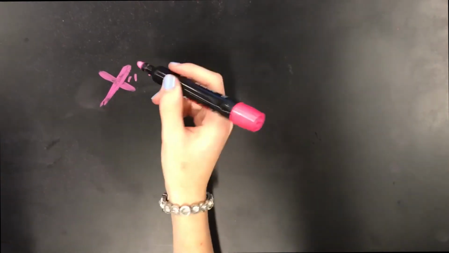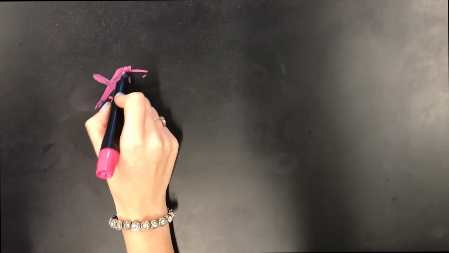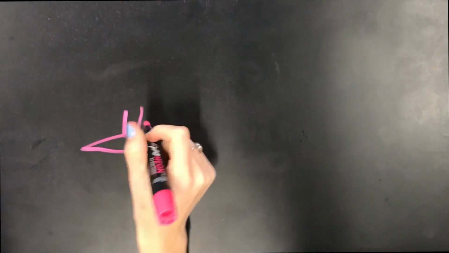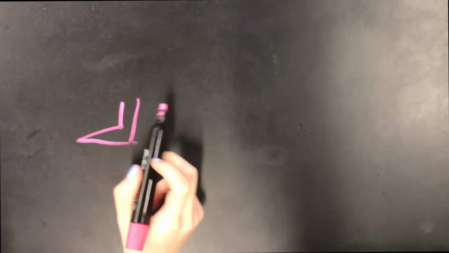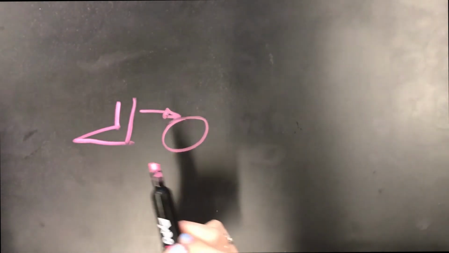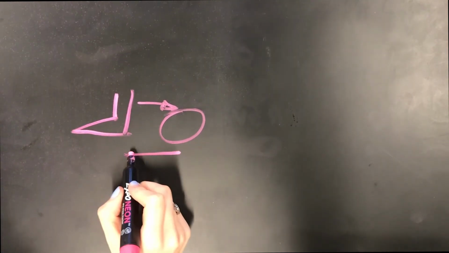So the plane hits the bird to the right, and the bird hits the plane to the left. The second example is when the foot hits the ball to the right, and the ball hits the foot to the left.